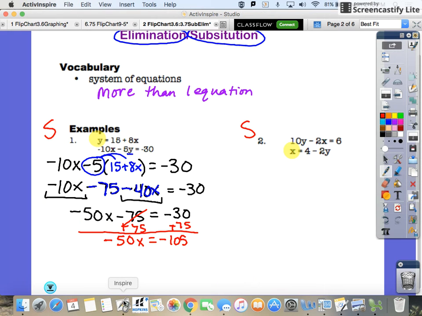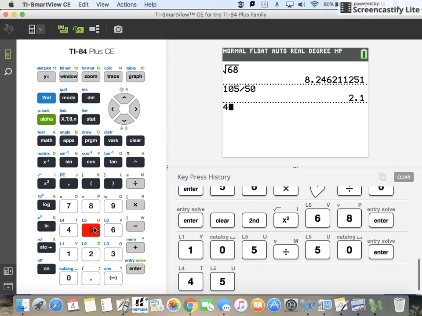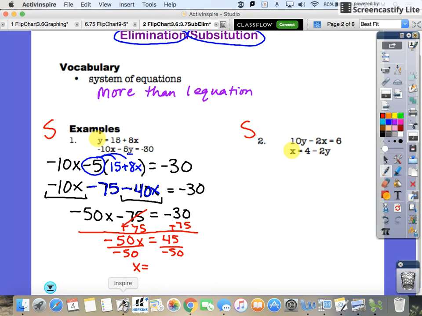Oh, shoot. Haha, just kidding. Sorry, you guys. Negative 30 plus 75 is actually 45. So now if we divide by negative 50, we get negative 0.9.